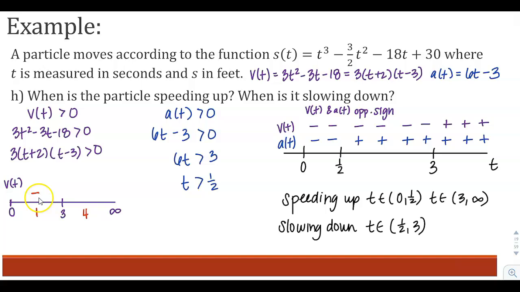So that test point represents what's happening over that interval. And if I substitute in 4, I end up with a positive times a positive. So on the interval beyond 3, I have velocity as positive, which again matches what we did in the graphical approach. So between 0 and 3, velocity was negative, and from 3 onward, velocity was positive.